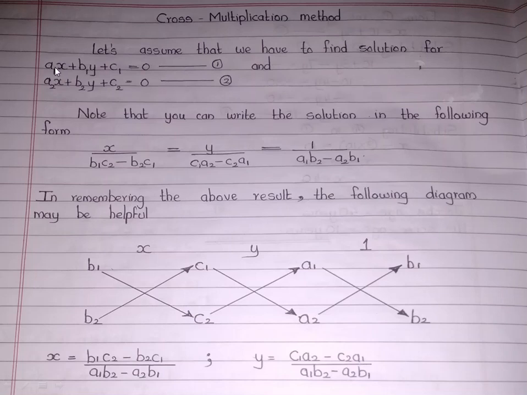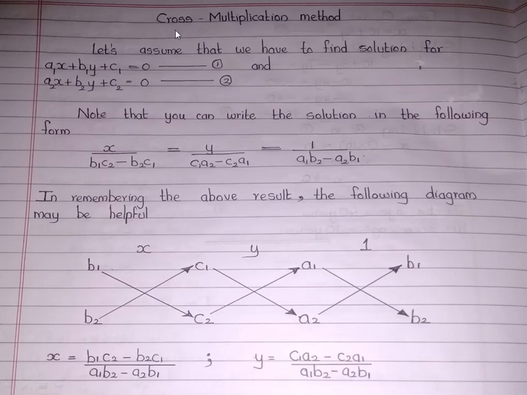Students, you should know what a1, a2, b1, b2, c1, c2 are. a1 is the coefficient of x in the first equation. b1 is the coefficient of y in the first equation. c1 is the constant in the first equation. a2 is the coefficient of x in the second equation. b2 is the coefficient of y in the second equation and c2 is the constant of the second equation.